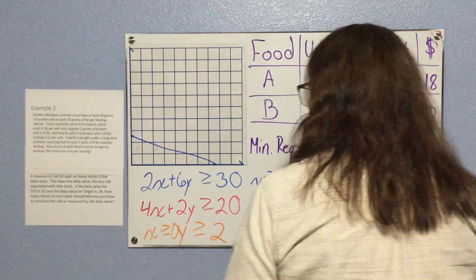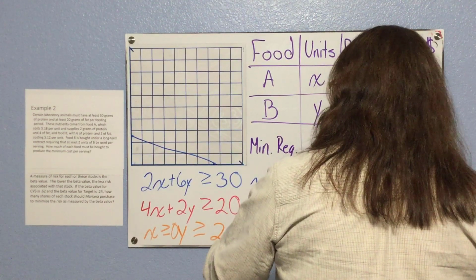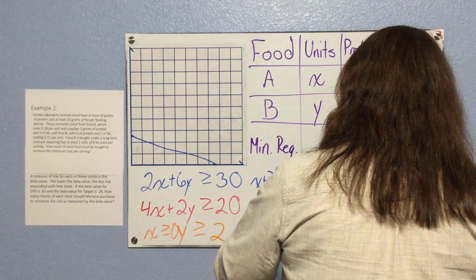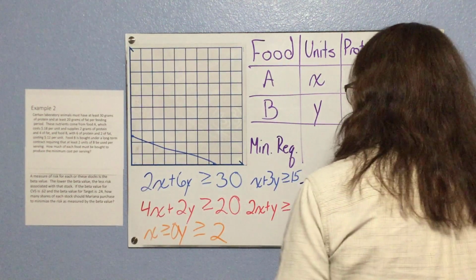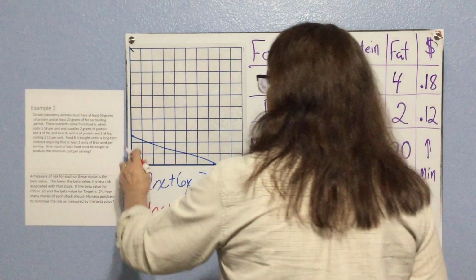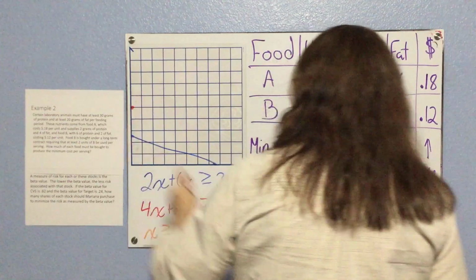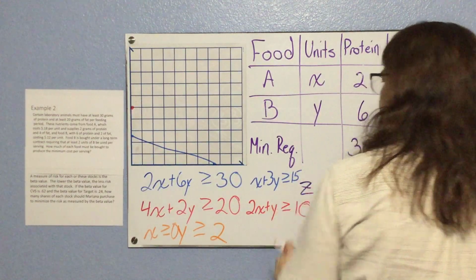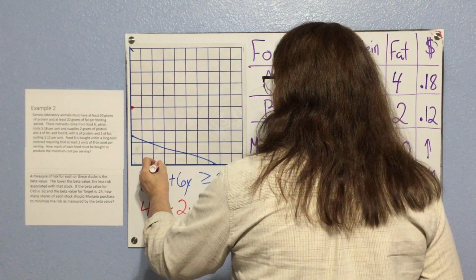Now this one I could also divide by 2 and have 2x plus y greater than or equal to 10. Well, if x is 0, then y would be 10. 2, 4, 6, 8, 10. If y was 0, x would be 5. 2, 4, 5.